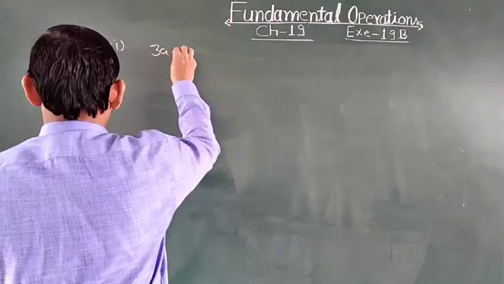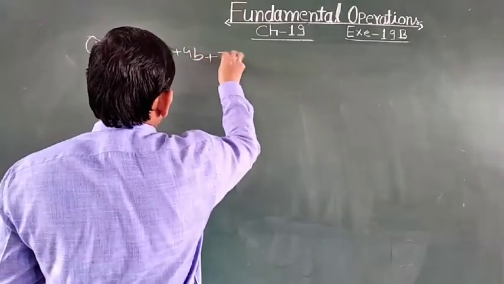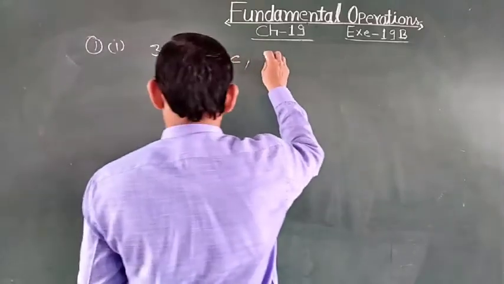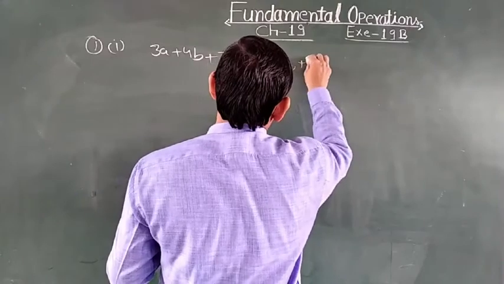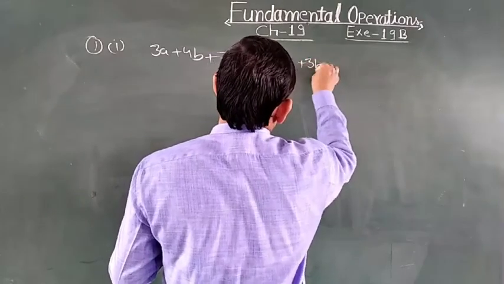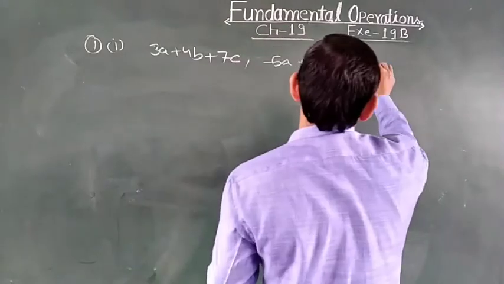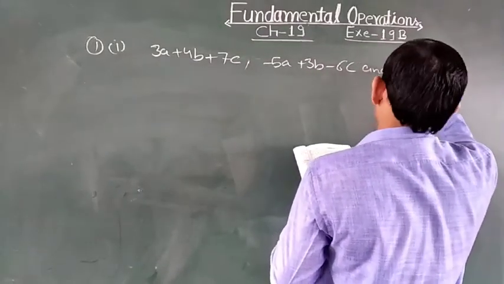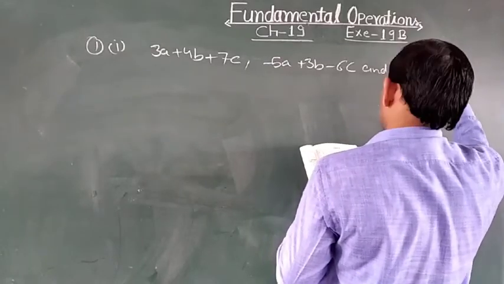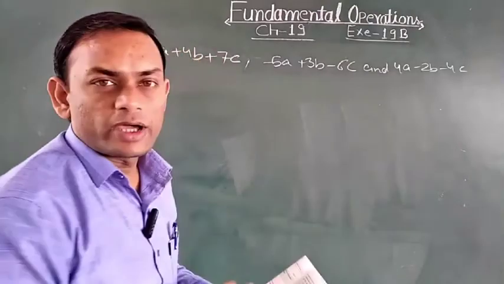3a plus 4b plus 7c. Second polynomial 5a plus 3b and minus 6c, and the last polynomial is given 4a minus 2b and minus 4c. Okay, you have to add these.